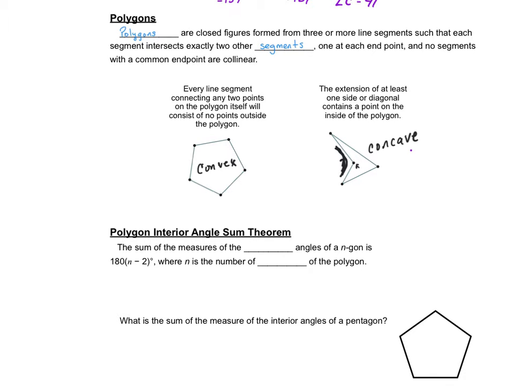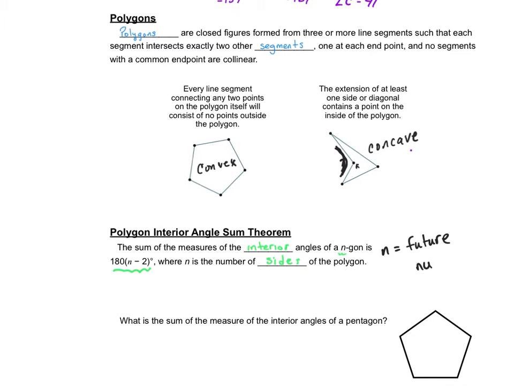Knowing that, as we look forward, we have the polygon interior angle sum theorem. It tells us that the sum of the measures of the interior angles of an n-gon is 180 times n minus 2 degrees, where n is the number of sides. We use n in math as just some future number that we decide.